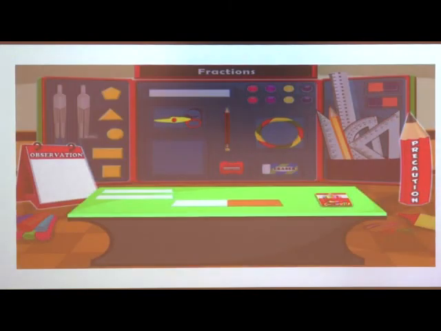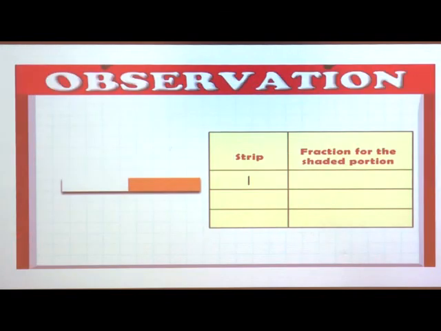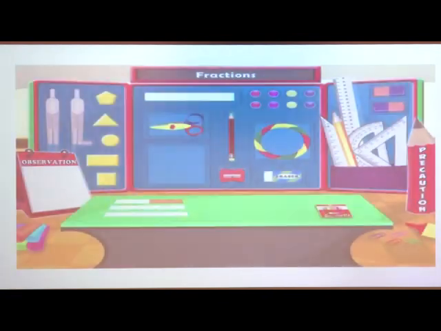Let's record our observation in the observation table. Each part of the strip A represents half or 1/2 of the whole strip. Fold the strip B in 3 equal parts. Unfold the strip. Shade any one part with the colored pencil.